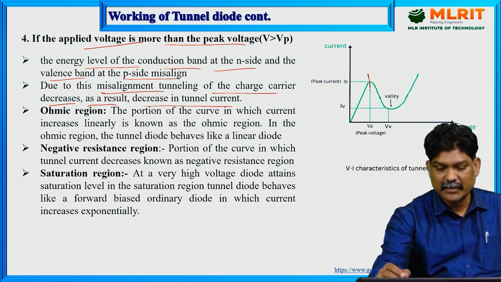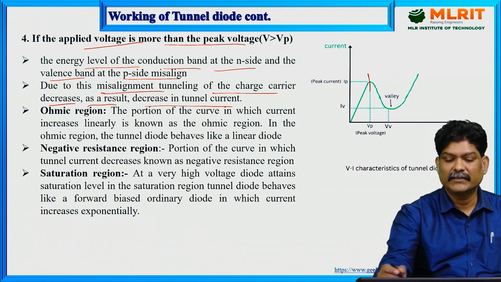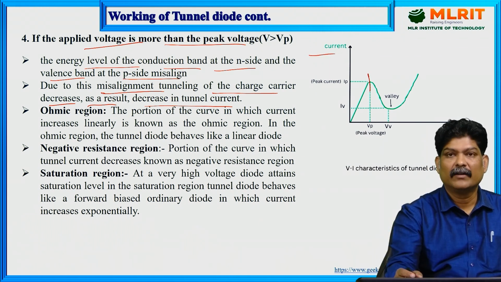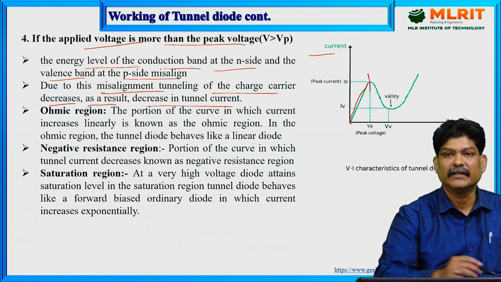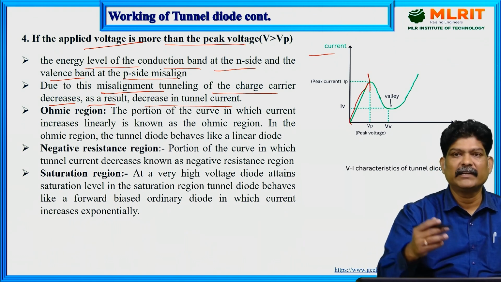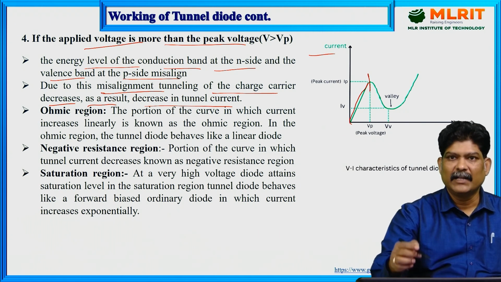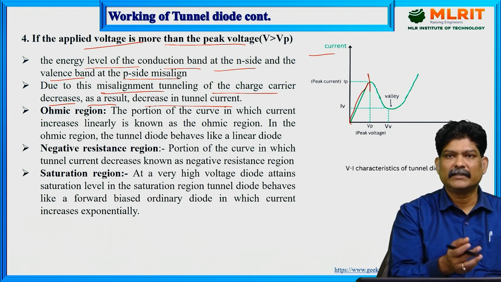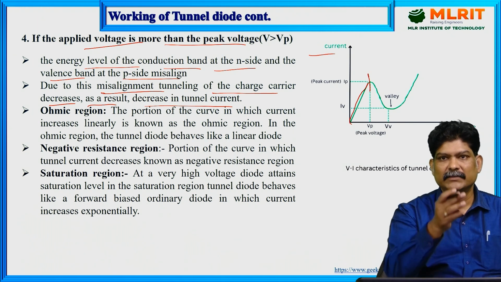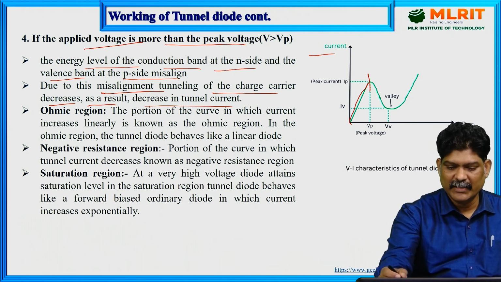Up to VP there is a linear relation between voltage and current, so it increases linearly initially. After the peak voltage, if you further increase the input voltage, misalignment takes place, and due to that the tunneling current decreases slowly. It looks like this.